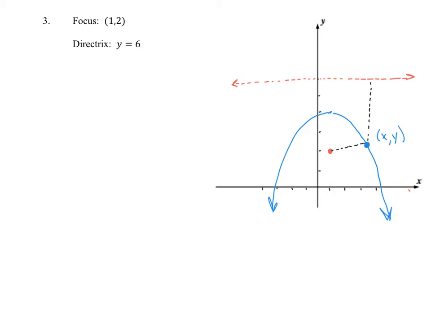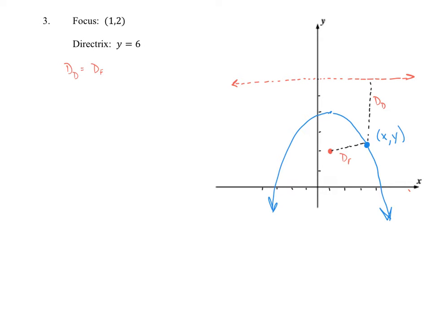And we usually use d sub d for the distance to the directrix, and we'll use d sub f for the distance to the focus. So what we know right now is that d sub d has to equal d sub f because it's a parabola.